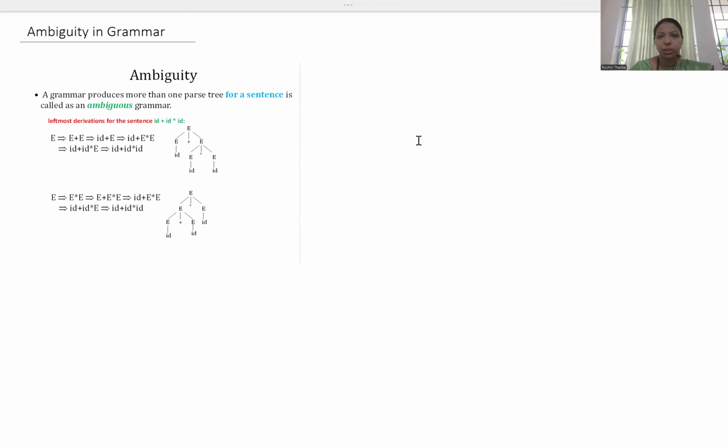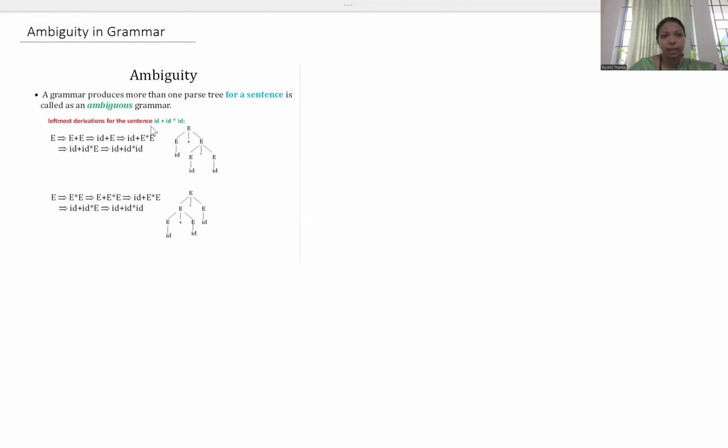So grammar says the rules. When a grammar is there to say the rule to find out the syntax, this grammar should not be ambiguous. What is the meaning of ambiguous? If it is producing more than one parse tree, syntax tree, for a given sentence or for a given string, then we can say it is ambiguous.